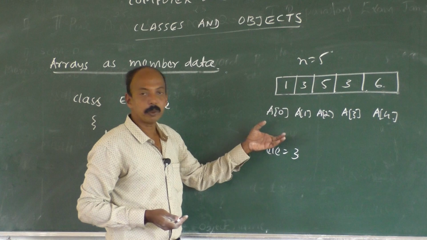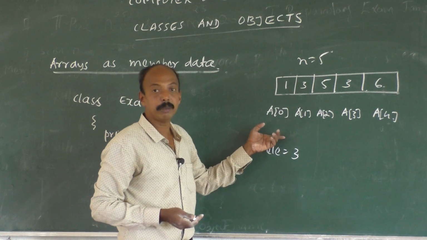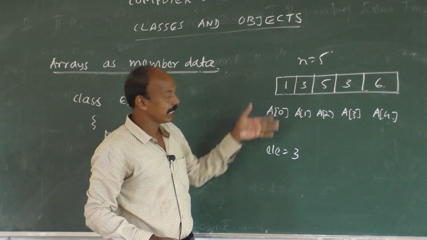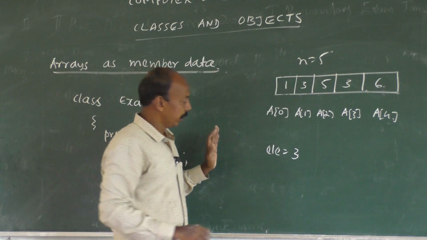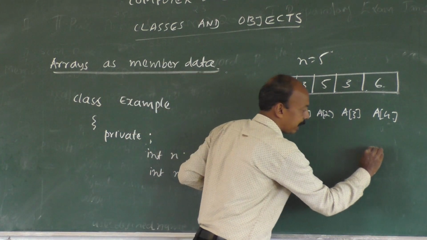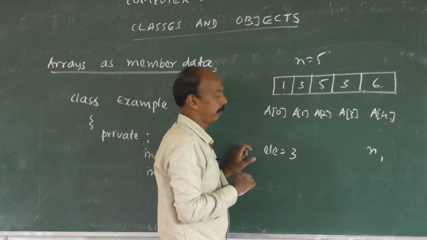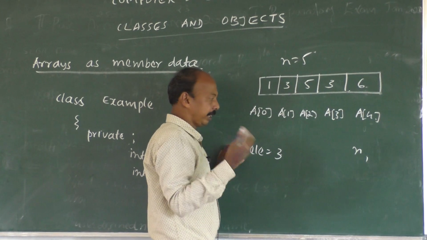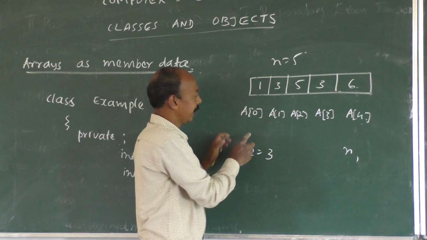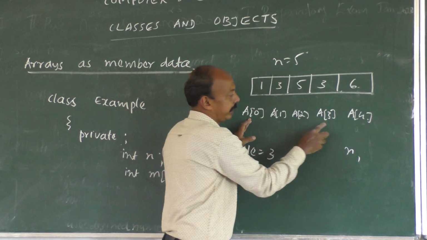So how to write the program, or how to define the variables, and how to write the functions. Let's try to understand the program once again. First of all, how many elements are there? There are some n elements. We want to enter the elements of the array. Random values we will enter, like A0, A1, A2, A3, A4.